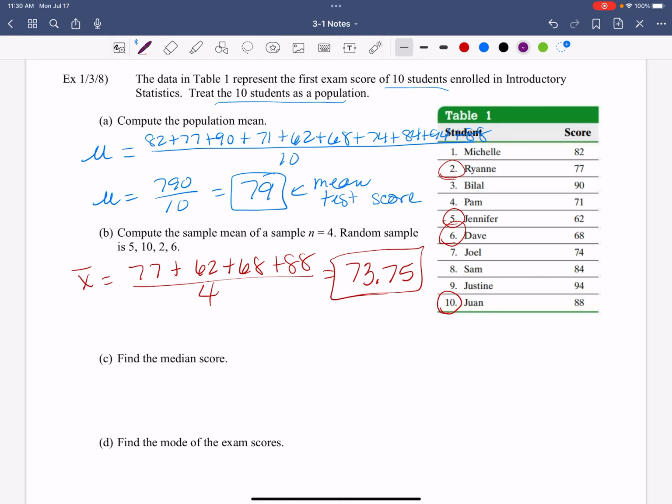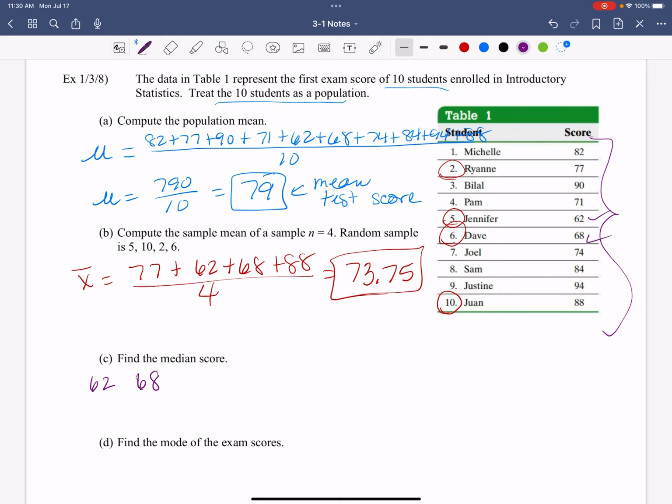Okay, let's find the median. Now remember, the key to a median is it has to be in order. So you're going to look at all these values, start with the smallest, and then work your way up. So I think 62 here is my smallest. And then what's next? What do you see? 68. That's what I'm seeing.